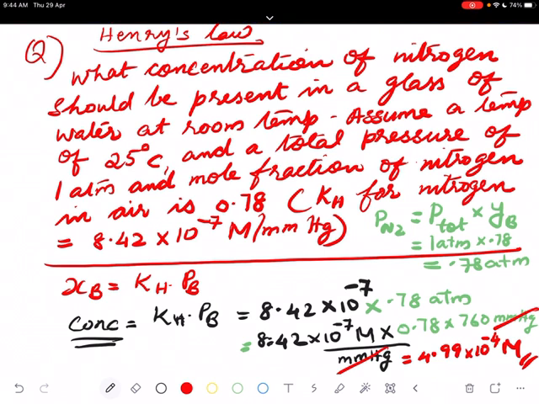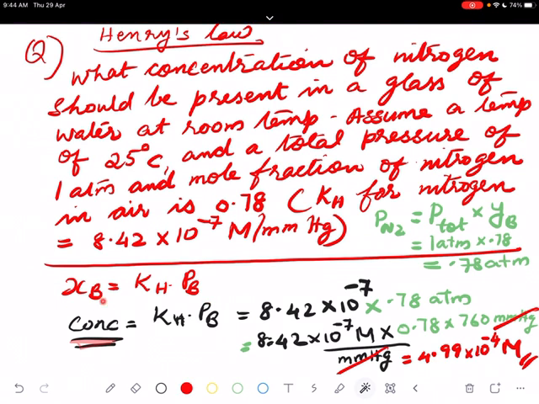The concentration of nitrogen gas present in that glass of water will be this much molar. The concentration term can be any. Here it is given as molar per mmHg, concentration on top and pressure below. So we are changing this equation into the other form, not the general form.